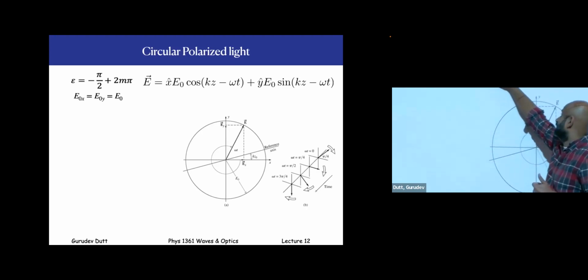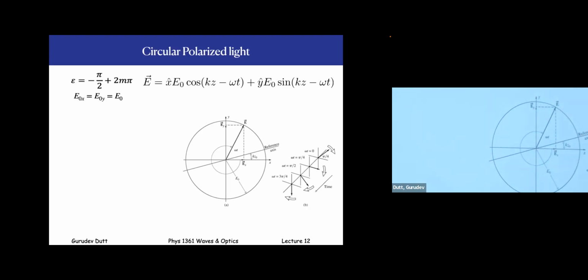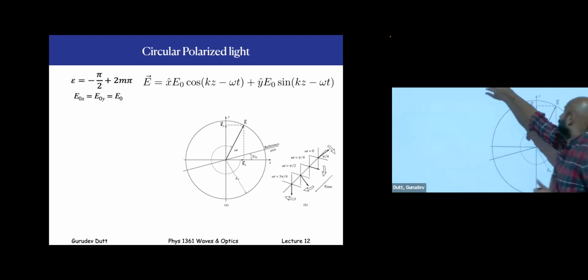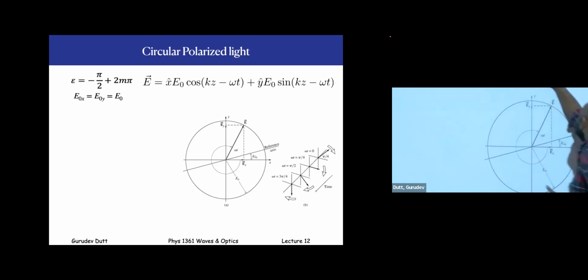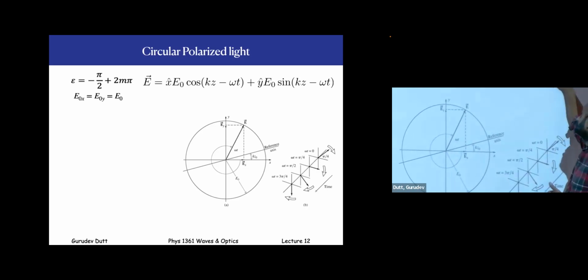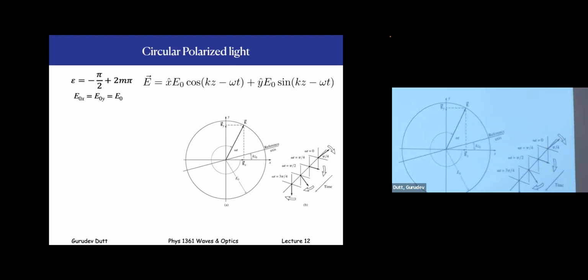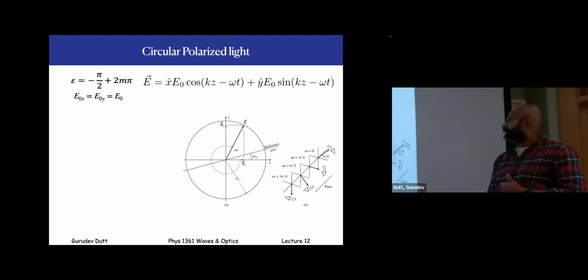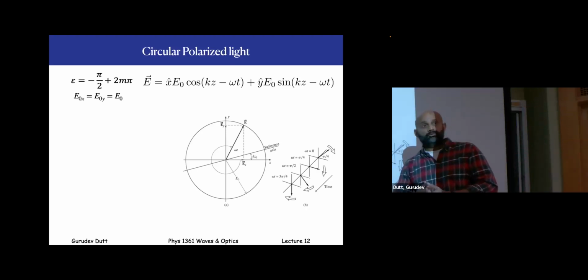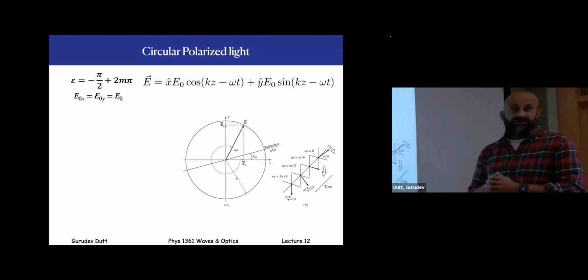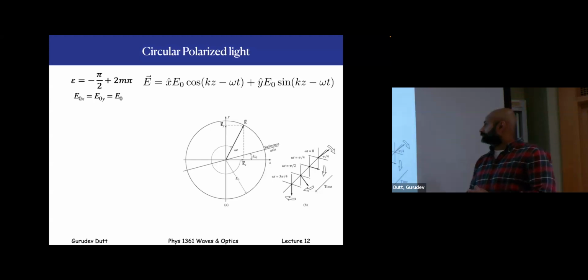So now we get a slightly different looking function for the electric field. E equals x hat E naught cosine(kz minus omega t) plus y hat E naught sine(kz minus omega t). So this is the relationship now. And again, I've chosen E naught x and E naught y to be equal to each other, equal to E naught.